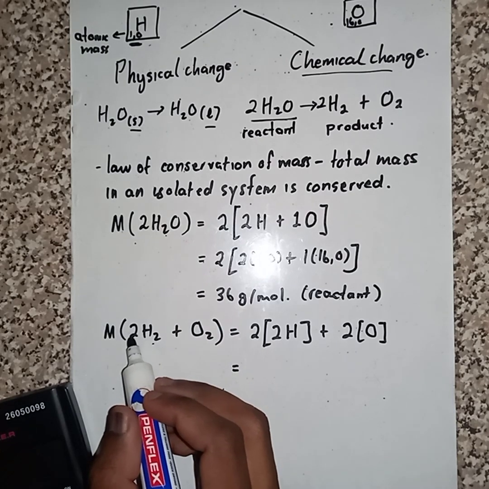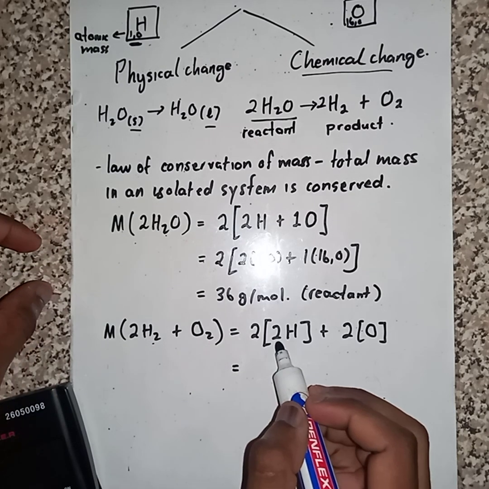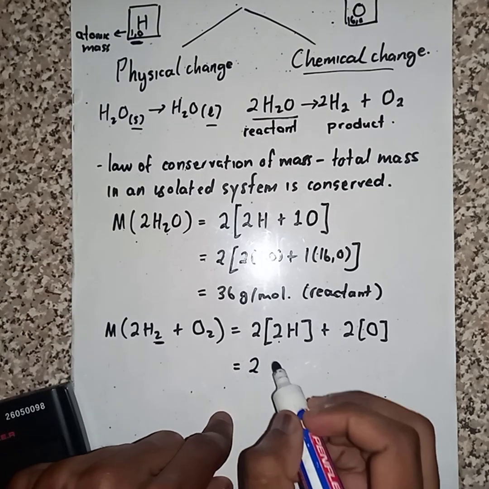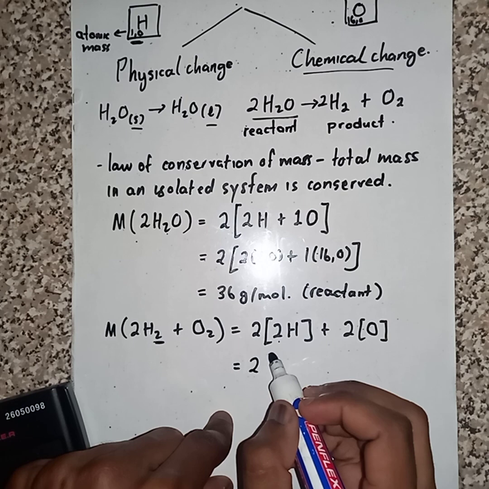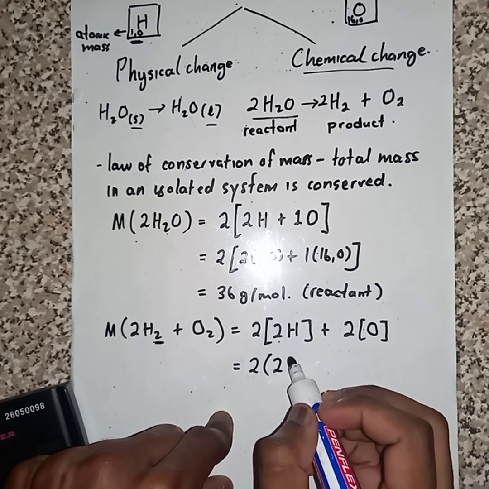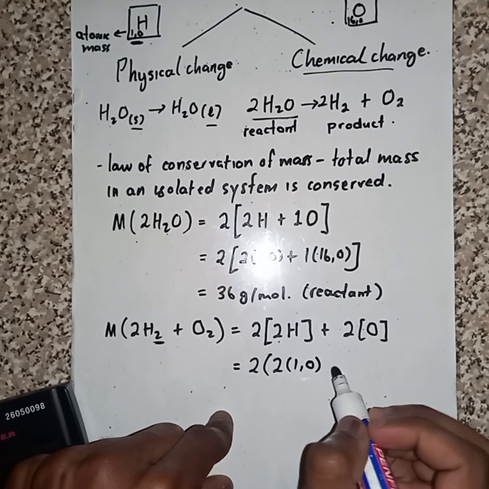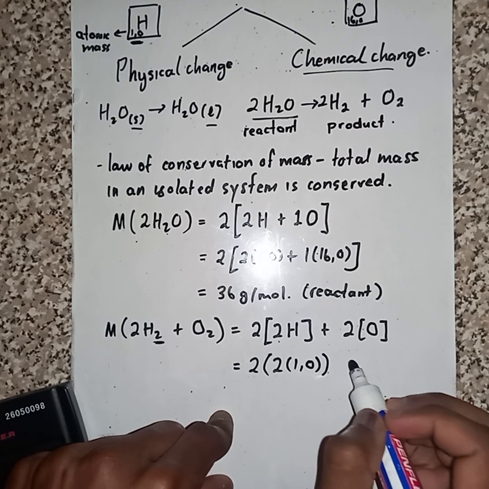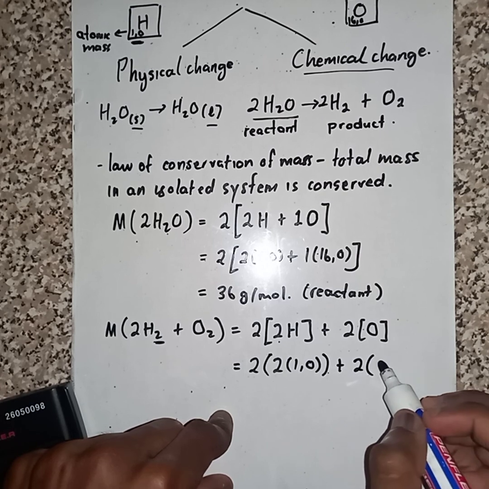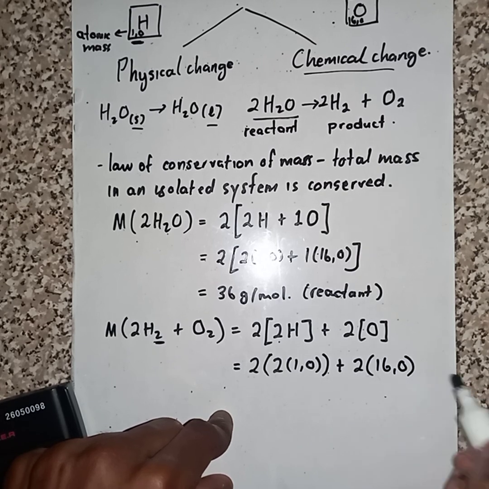You take this 2 out for this hydrogen, then this 2 is that subscript. For hydrogen it's 1.0, close the bracket, plus 2 of oxygen 16.0.